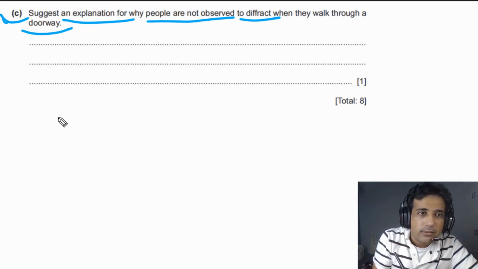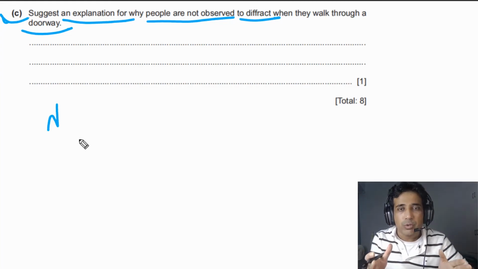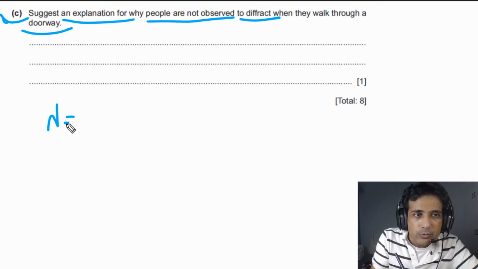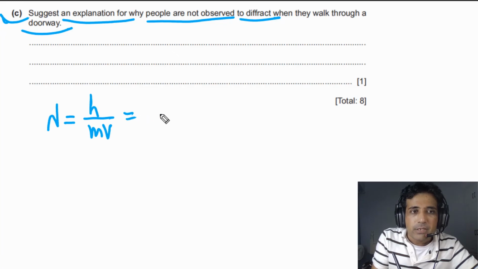Let's try to understand this one with the help of the de Broglie wavelength. Matter, you need to understand, also has wave properties. So let's try to find out our wavelength when we walk through a doorway. So we can calculate the de Broglie wavelength, which means we can calculate lambda. Lambda is equal to h over m times v. In this case, h is equal to 6.63 times 10 to the negative 34.